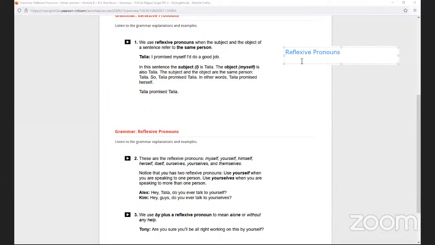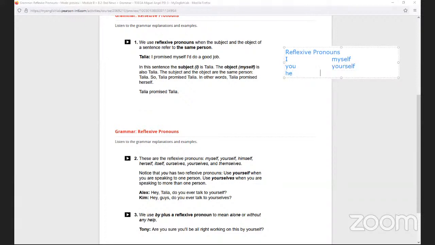reflexive pronouns, we are going to use this grammar when we talk about one activity, one action that we are going to do, but referring to the same person. For example, all the subject pronouns have a reflexive pronoun. About I, it is myself. About you, it is yourself.